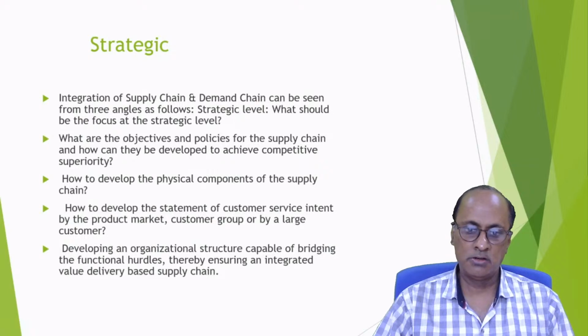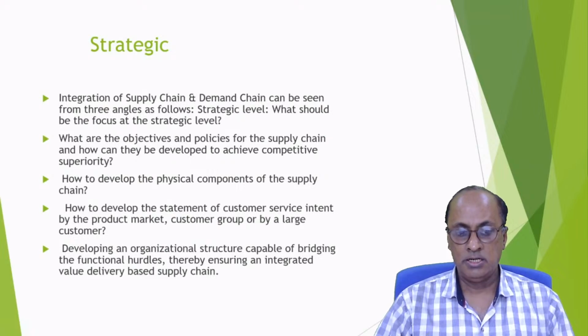All these are physical components and we have to take utmost care to develop them. How to develop the statement of consumer service, intended by the product market, consumer group or large customer, and develop an organizational structure capable of bridging the functional hurdles, thereby ensuring an integrated value delivery based supply chain.